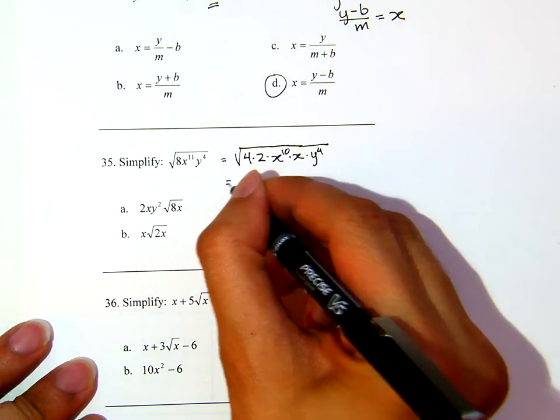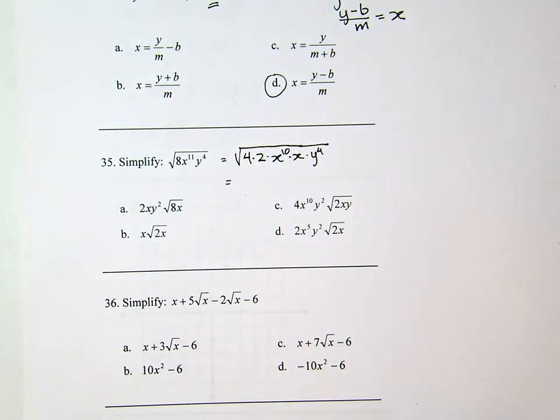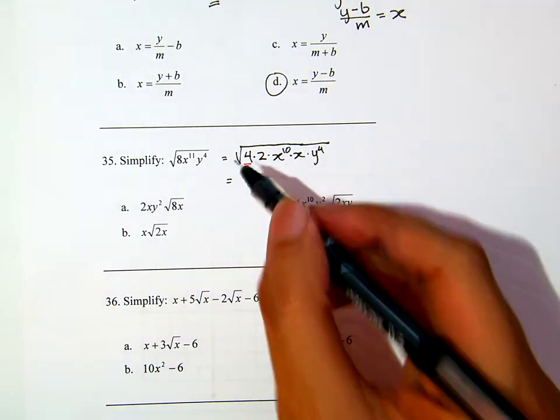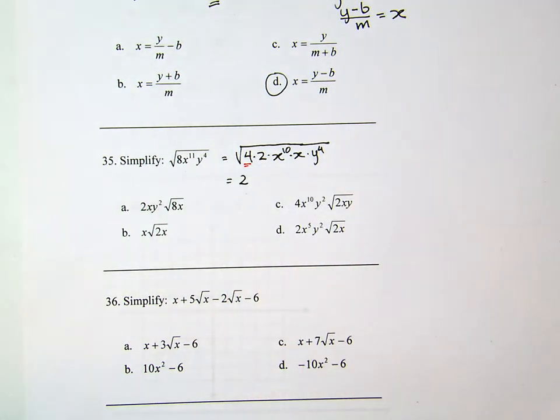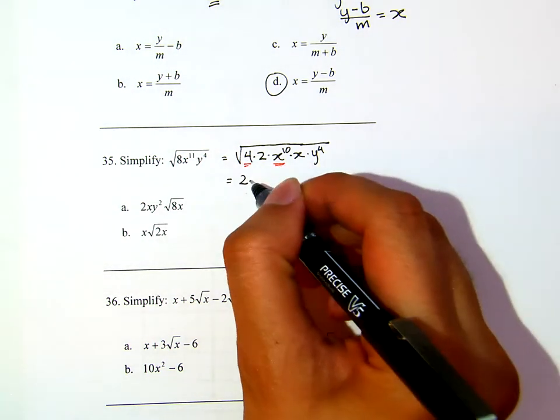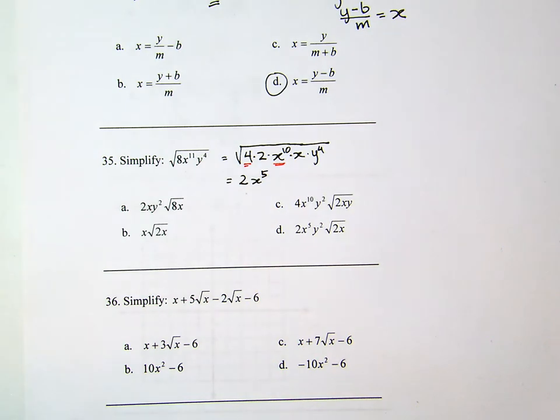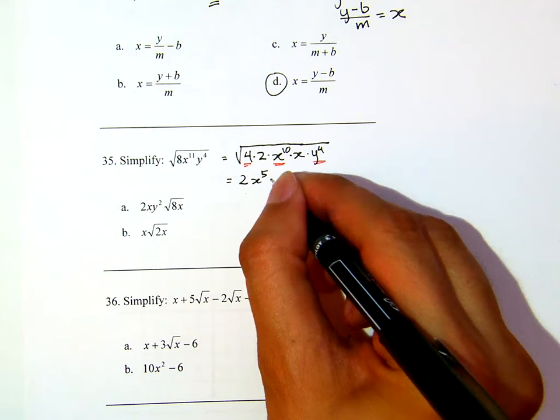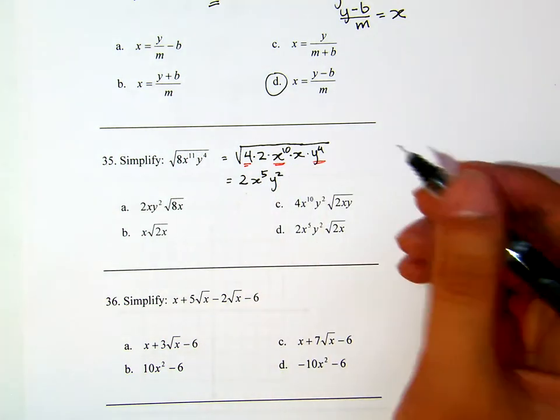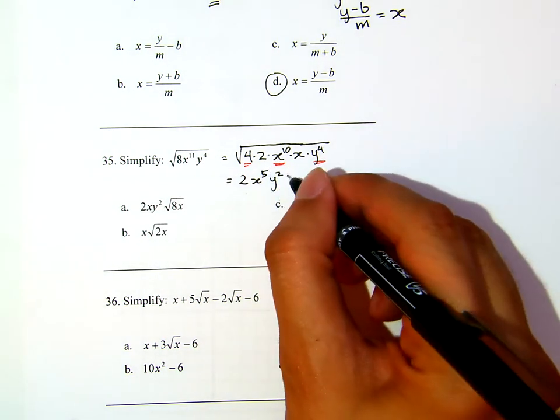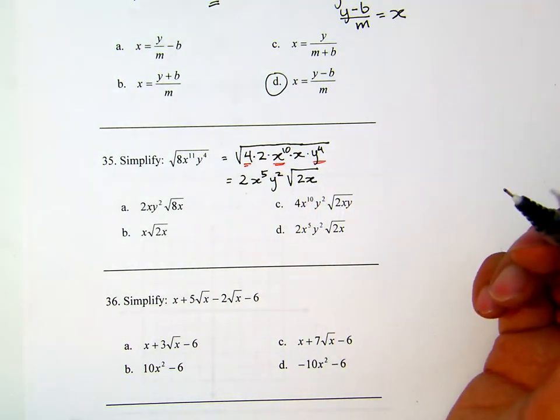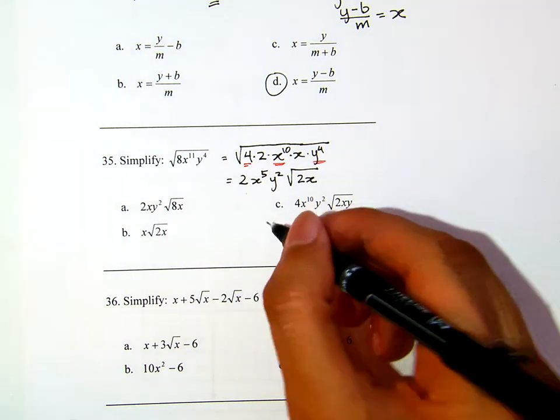Now, from there, the square root of 4 is 2, the square root of x to the 10th is x to the 5th, and the square root of y to the 4th is y squared. Now the one left inside is the square root of 2x. From here you see that the solution will be option D.